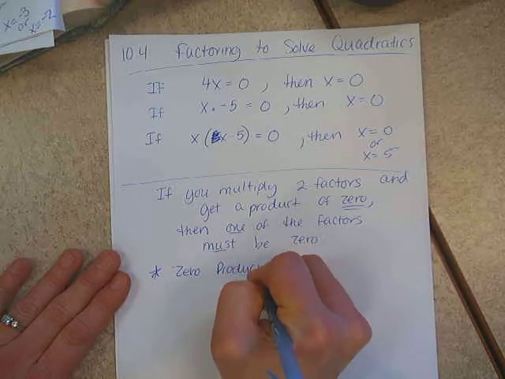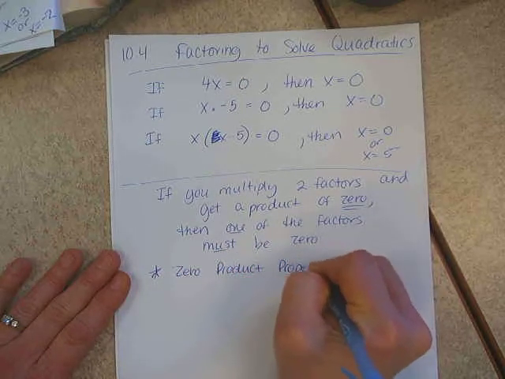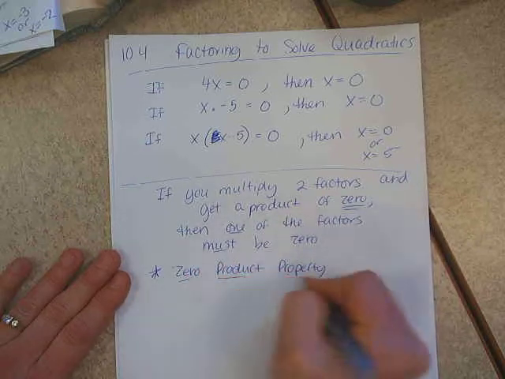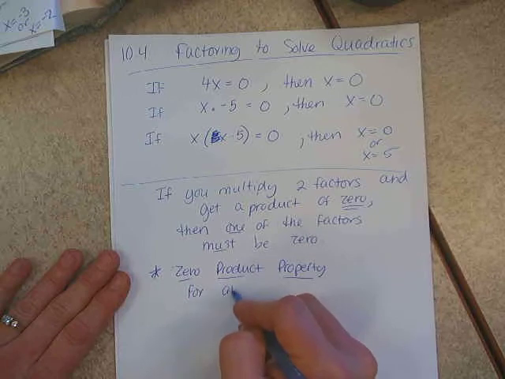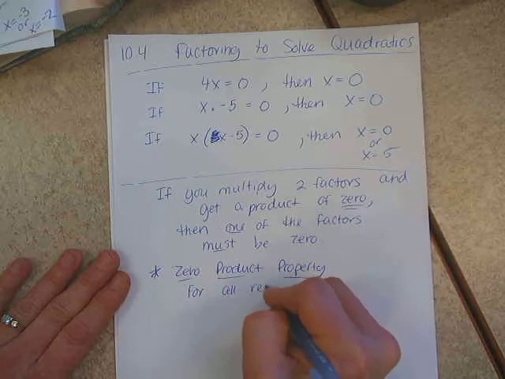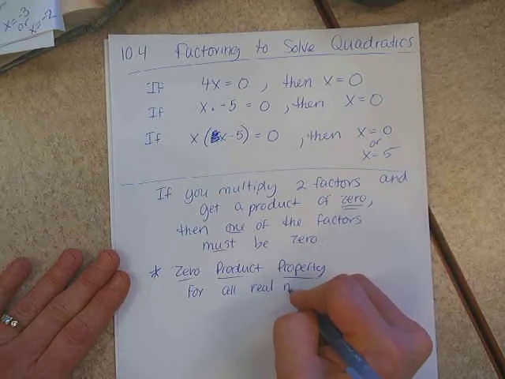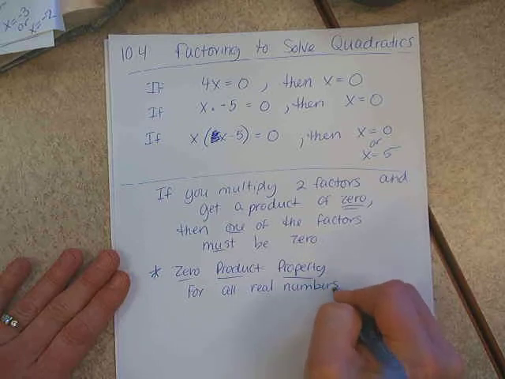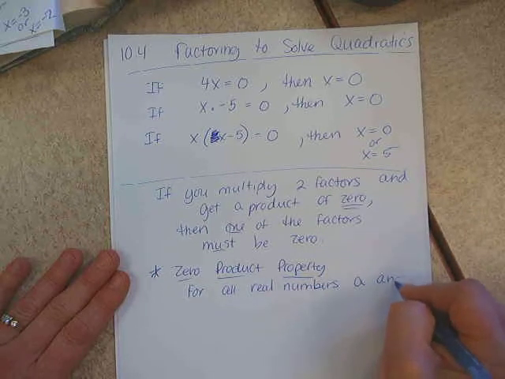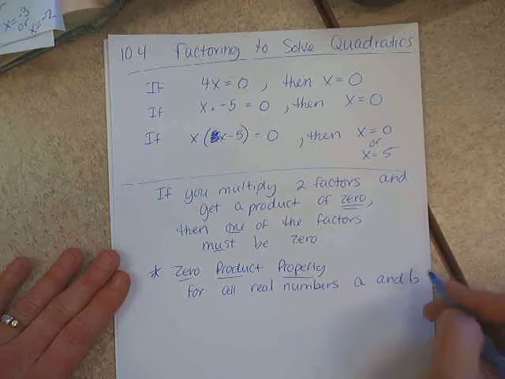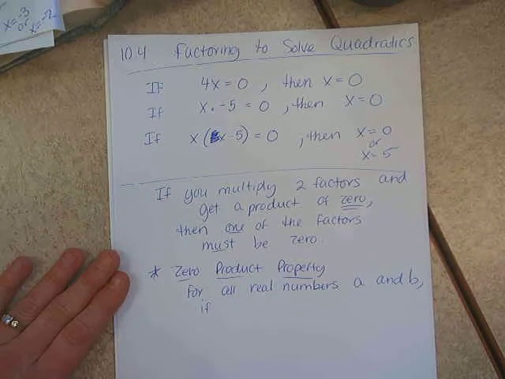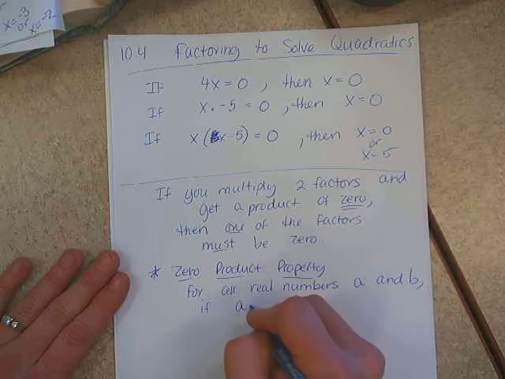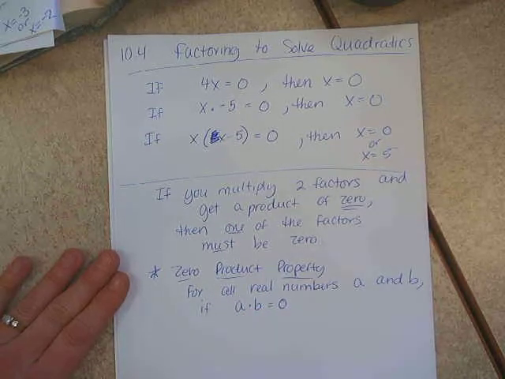So this is called the zero product property, which says for all real numbers A and B. So A and B could be any real number.